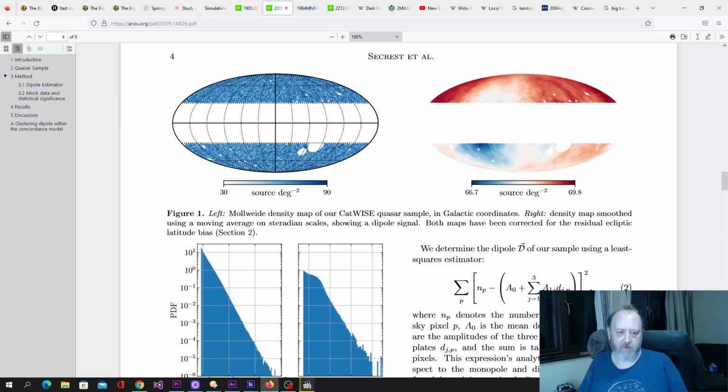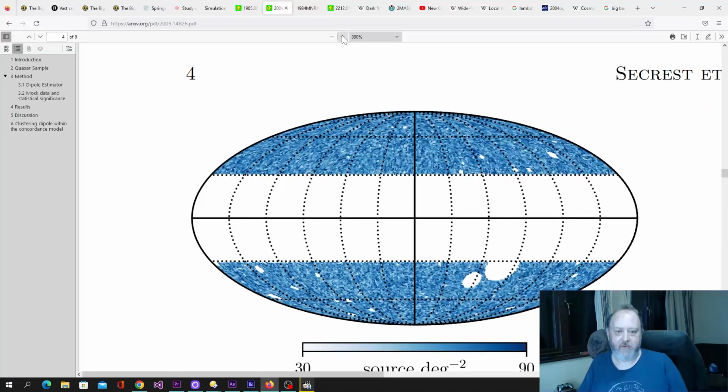So, left: Mollweide density map of our CatWISE quasar sample in galactic coordinates. So let's have a zoom in on this. Effectively, you've got the Milky Way galaxy here, and so discounting the region here because that's where the plane of the Milky Way galaxy is.